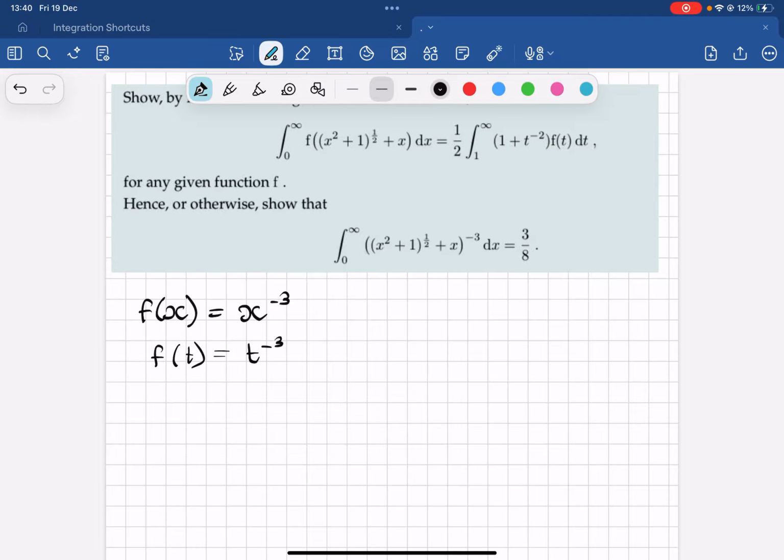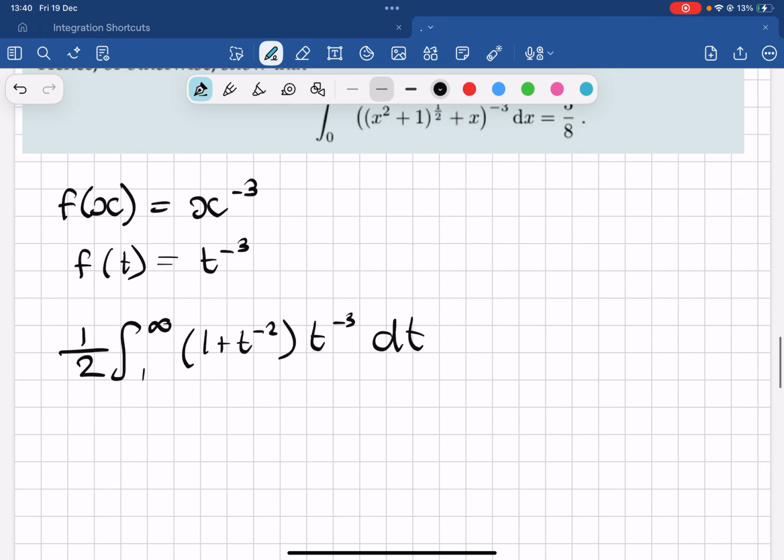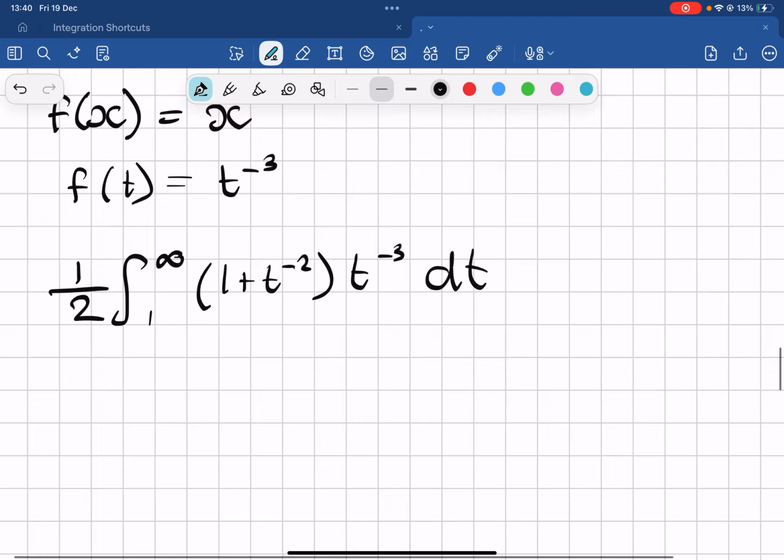And we can use this on the right hand side. So if we rewrite our right hand side, we can say a half the integral from infinity to 1 of all of 1 plus t to the minus 2 times t to the minus 3 dt. And let's go ahead and evaluate this. This looks a bit easier to deal with.